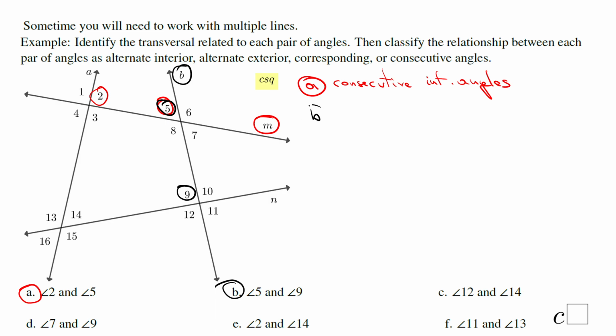And now we can take a look. This is the transversal B. 5 and 9 are on the same side of the transversal. 5 is exterior, 9 is interior. How do we call those guys? Like that. We call them corresponding angles.